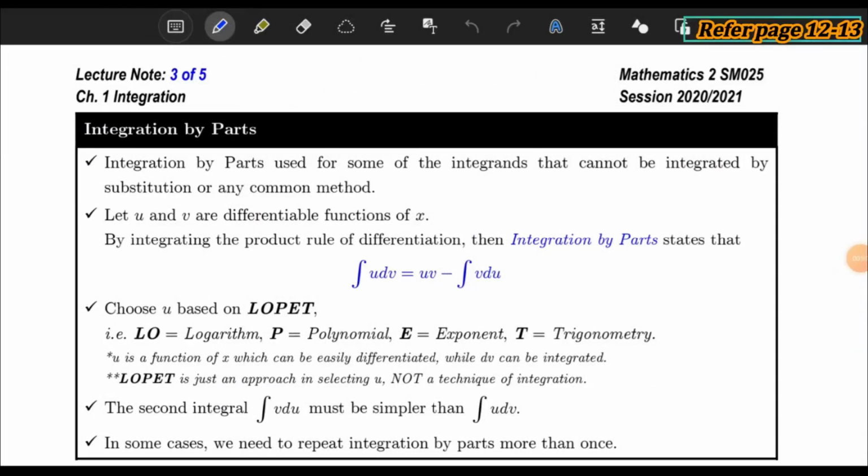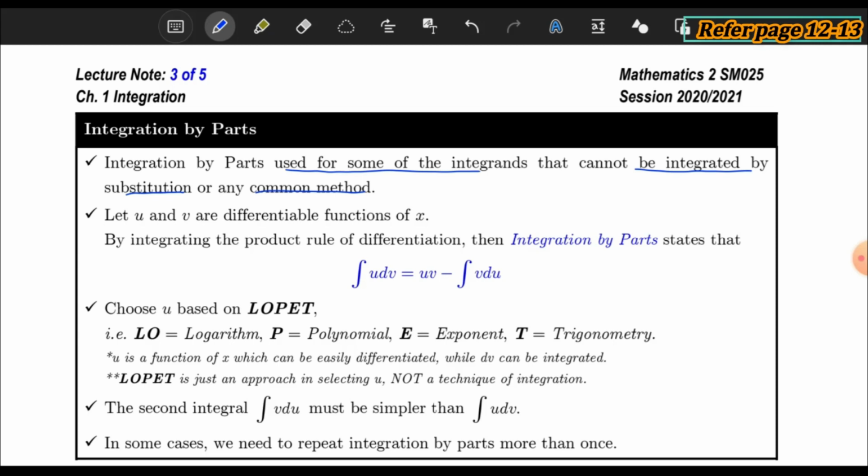The second technique for integration is integration by parts. Integration by parts is used for some of the integrands that cannot be integrated by substitution or any common method. So the first step, we need to simplify.